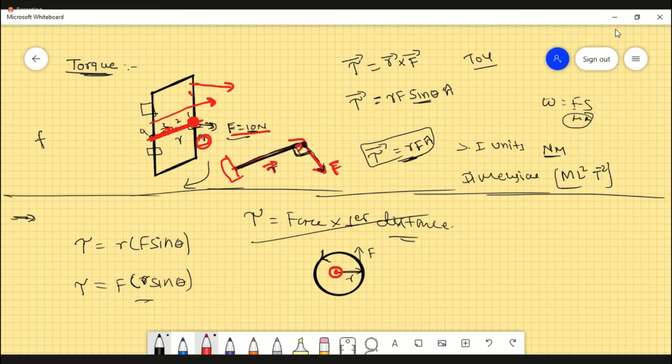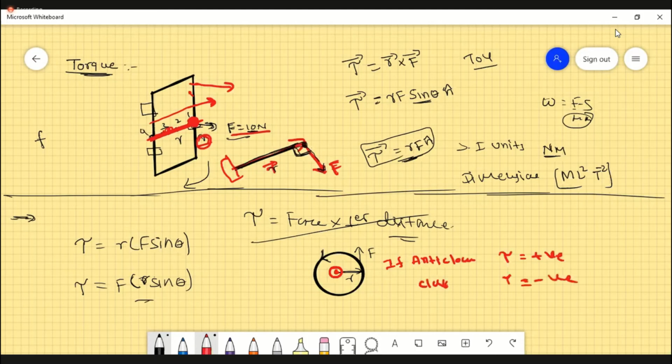If the rotation is anti-clockwise, the torque will be positive, and if it is clockwise, negative, along the negative z axis.